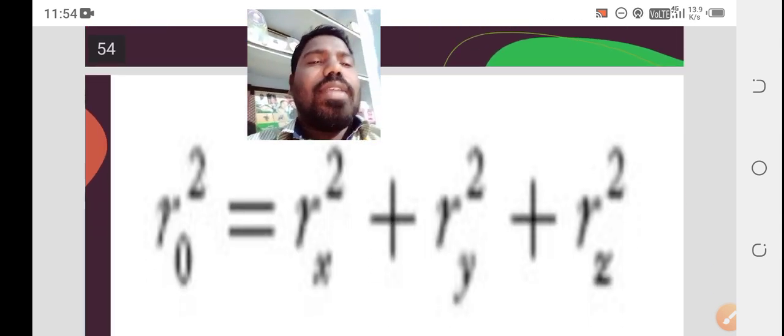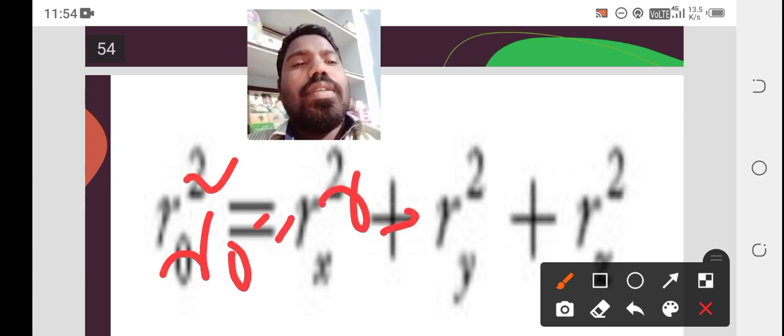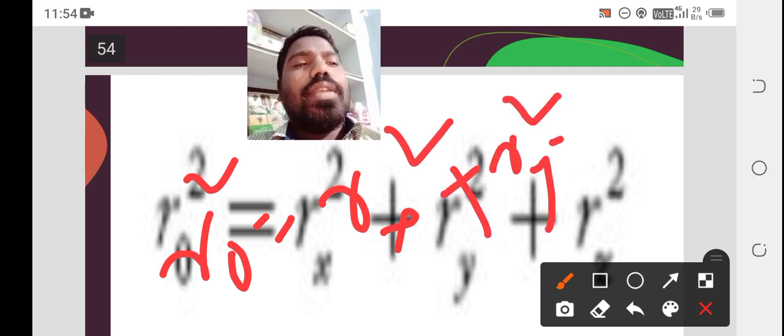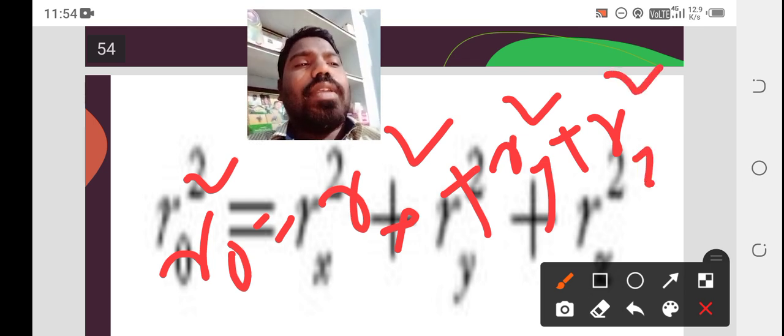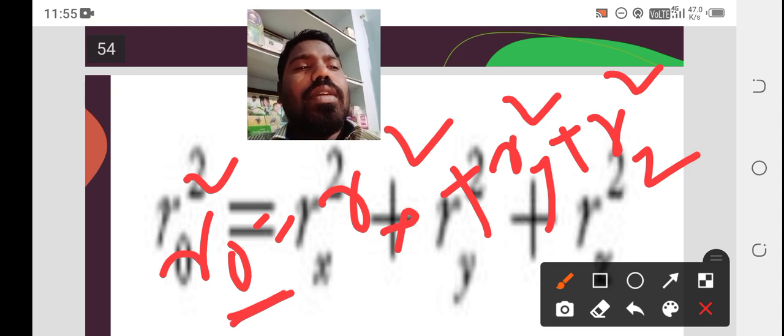So that is considered as R naught square equal to Rx square in the x direction, Ry square in the y direction, Rz square in the z direction. So R naught square equal to Rx square plus Ry square plus Rz square.